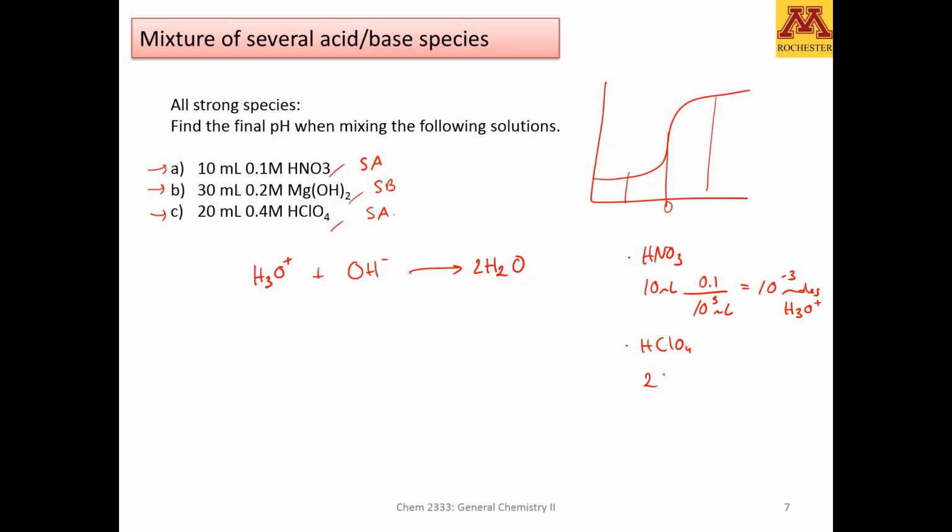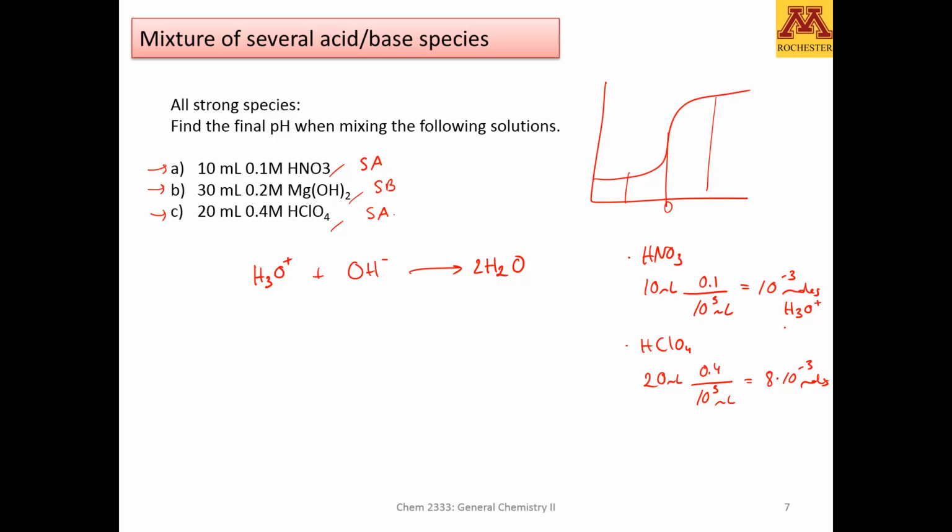I have 20 milliliters, 0.4 molar, so again, the same way that we did here, just that now it's going to be 8 times 10 to the negative 3 moles.